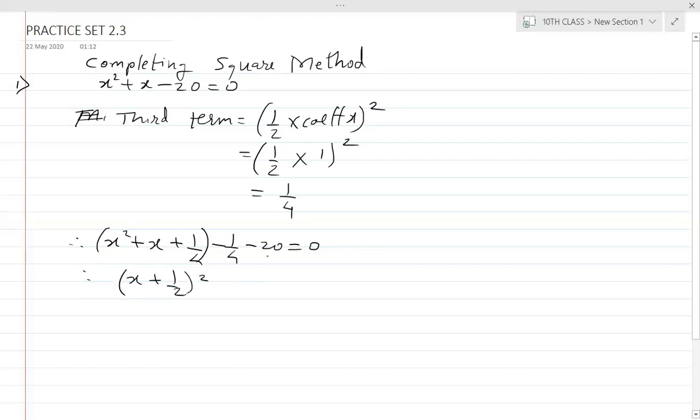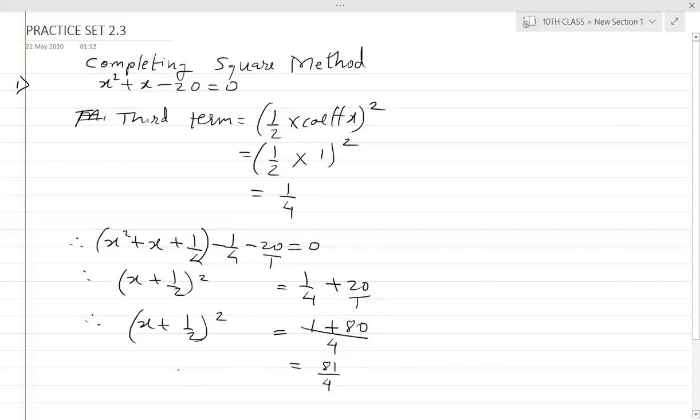Here we can solve this: minus 1 by 4 becomes plus 1 by 4, minus 20 becomes plus 20. So x plus 1 by 2 whole square equals, cross multiply, 1 plus 80 upon 4. It becomes 81 upon 4. This is the value of x plus 1 by 2 whole square.